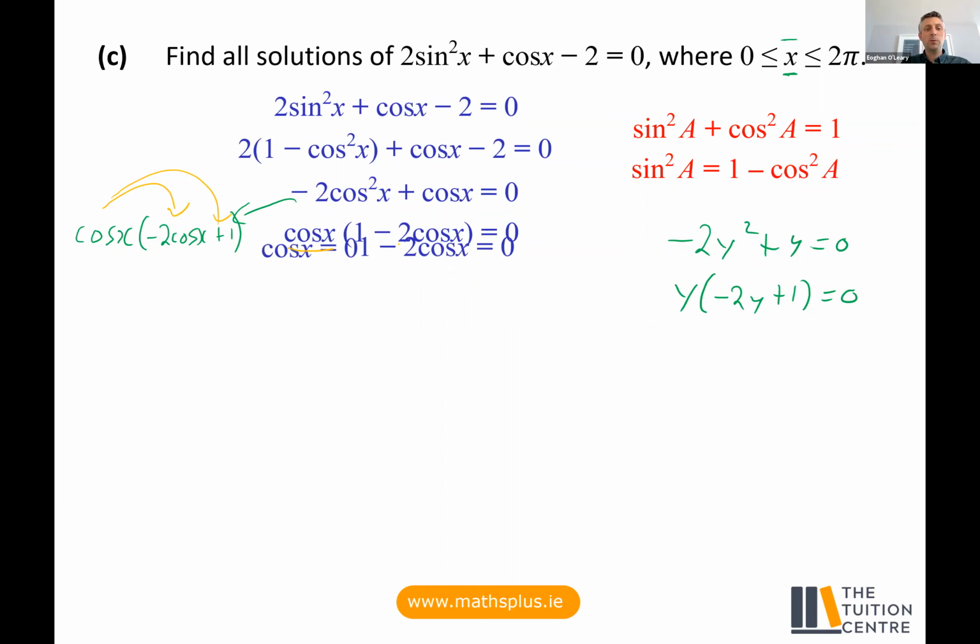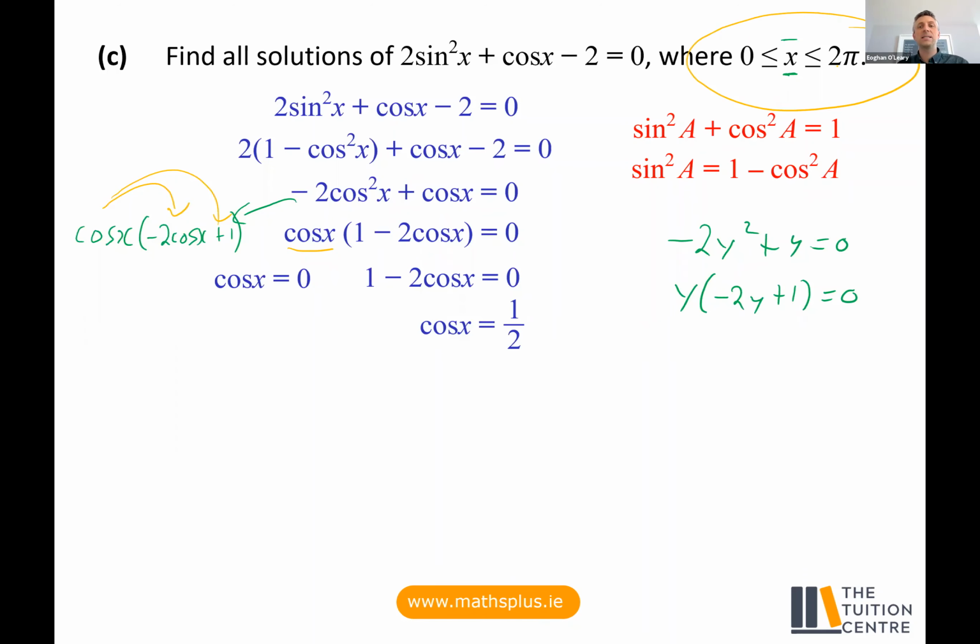If I have two things multiplied together equals 0, well, either the first is 0 or the second is 0. If the cos of X is equal to 0, well, then I'm going to have 2 answers. And if the cos of X is equal to half, I'm going to have 2 more answers. I know here, because it says 0 is less than or equal to x is less than or equal to 2 pi, I am going to be dealing with radians.